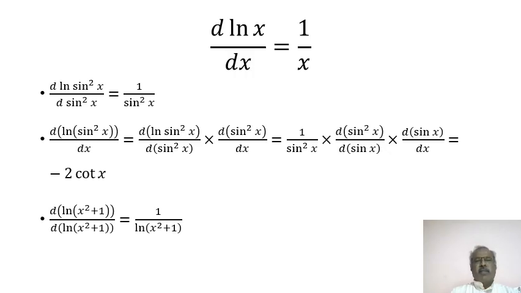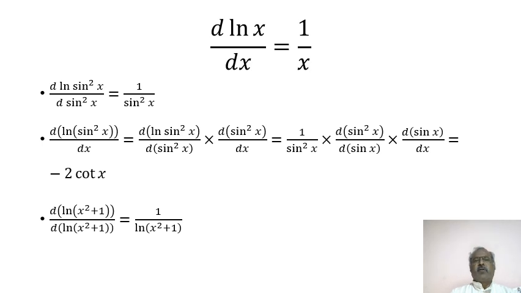But that same thing, if we put in different form, d of log sine square x with respect to x, now, instead of the same variable, we will have to use the chain rule and we can compute through it.